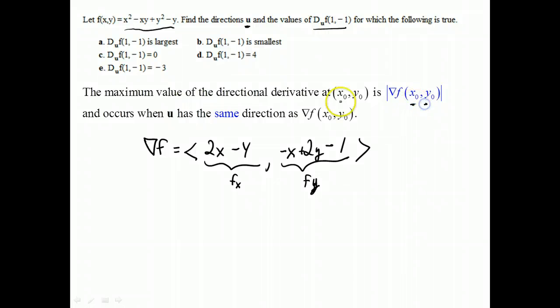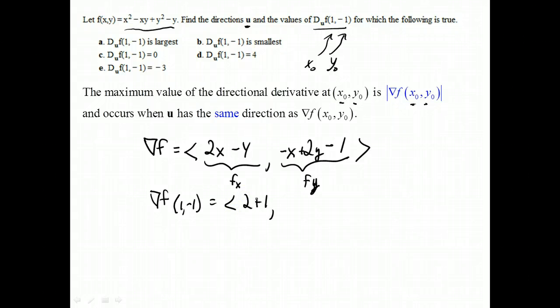Evaluated at our given point, x naught is 1 and y naught is negative 1. And what we get out is 2 plus 1 for the i component, negative 1 minus 2 minus 1 for the j component.